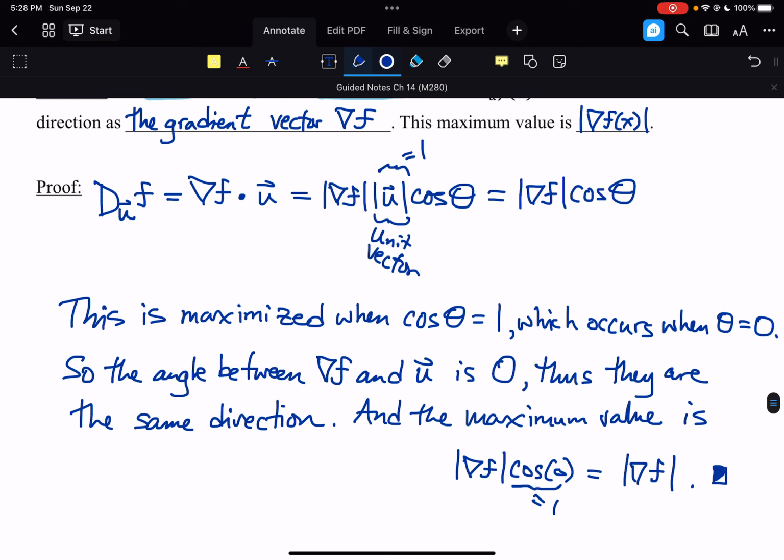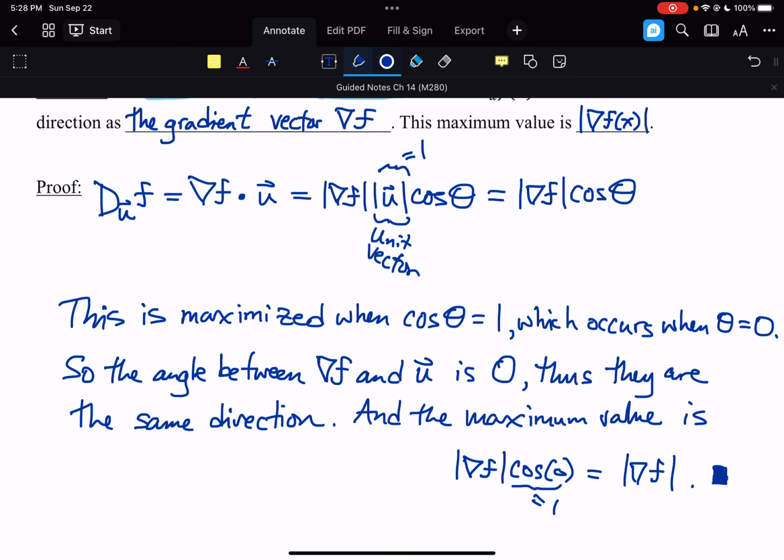So that would complete our proof. So again, maximum slope, maximum rate of change occurs in the direction of the gradient. So that tells us the steepest slope on the function at that point.